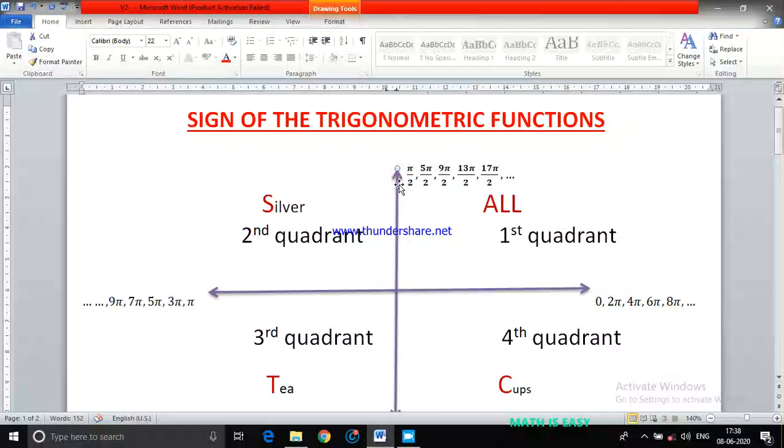So sine 90 plus 60 will be equal to cos 60. If you remember the formulas in class 10th, sine 90 minus theta is cos theta, cos 90 minus theta is sine theta, tan 90 minus theta is cot theta, cot 90 minus theta is tan theta, cosec 90 minus theta is sec theta, sec 90 minus theta is cosec theta. So these 6 formulas we already studied.